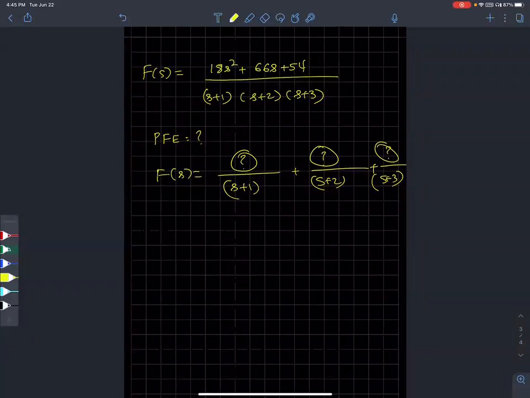Now, if you did this the proper partial fraction expansion method, I'm assuming that you know how to do this, you'll get 3 by s plus 1 plus 6 by s plus 2 plus 9 by s plus 3 to be the equivalent of this.